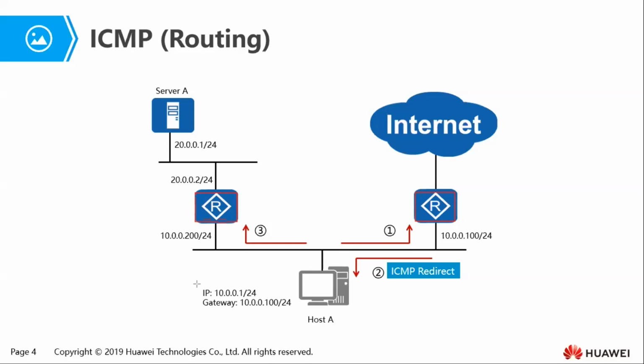So whenever you are configuring network parameters in your end station, one of the parameters you must configure, other than the IP address, is the address of the gateway.